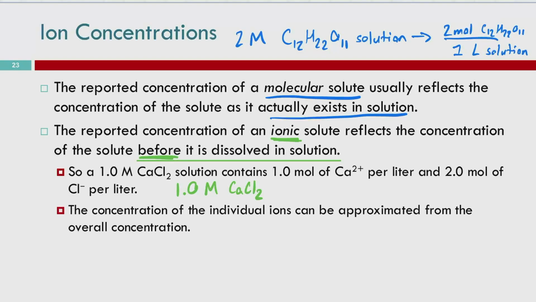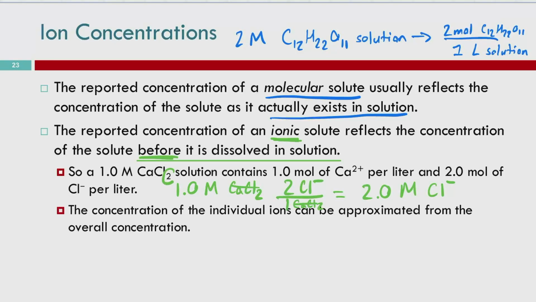So we're going to get 2 chlorides in solution for every 1 calcium chloride. So 2 Cl minus for every 1 CaCl2. And so this is actually 2 molar in terms of its concentration of chloride, or thereabouts.